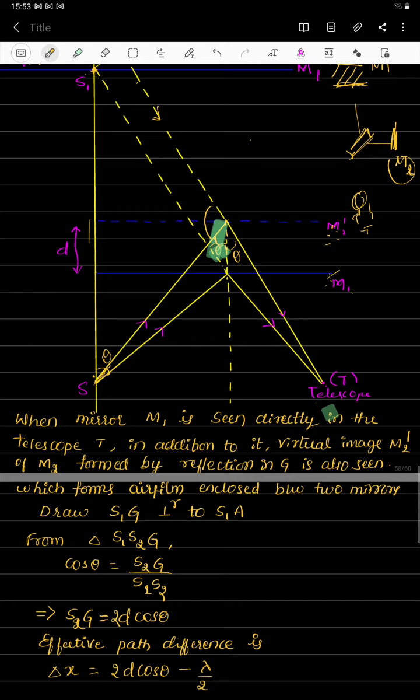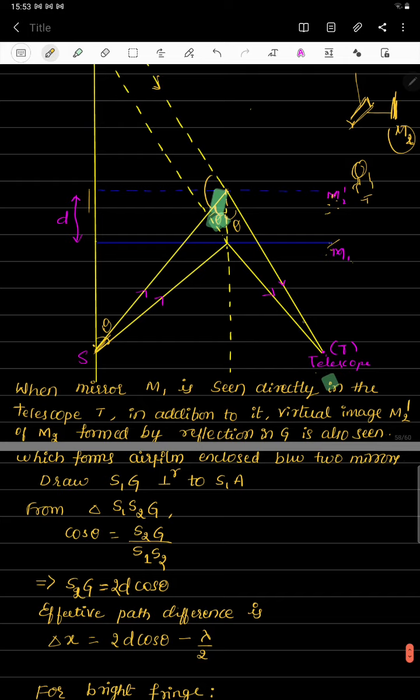So the optical path difference between the two reflected rays from M1 and M2 dash is the geometrical path difference, 2D cos theta, and because the second ray is reflected from the denser medium, lambda by 2 has to be subtracted or added, since a phase change of 180 means a path change of lambda by 2. So the effective path difference, that is the optical path difference between the two reflected rays coming from M1 and M2 dash, becomes equal to 2D cos theta minus lambda by 2.